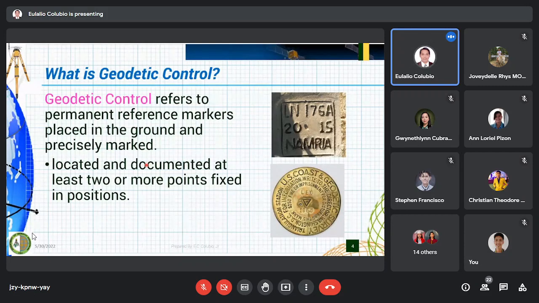So it is properly identified, documented, and located. If it cannot be located and there is no documentation of where the location is, most likely you can't trace the location of the monument. You could no longer use the monument as your reference for subsequent surveys. That's why it's important to have that information.